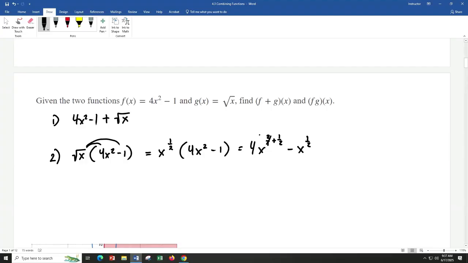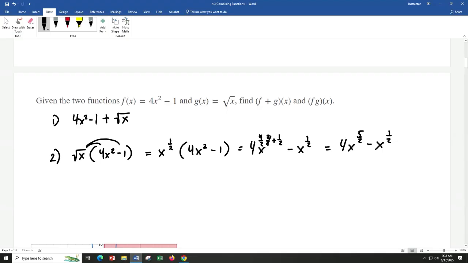This over here is going to turn into 4/2... and so my final answer here is going to be 4x to the 5/2 minus x to the 1/2. And if you wanted to, you could turn that back into the radicals that you want. If not, keep it as rational exponents.